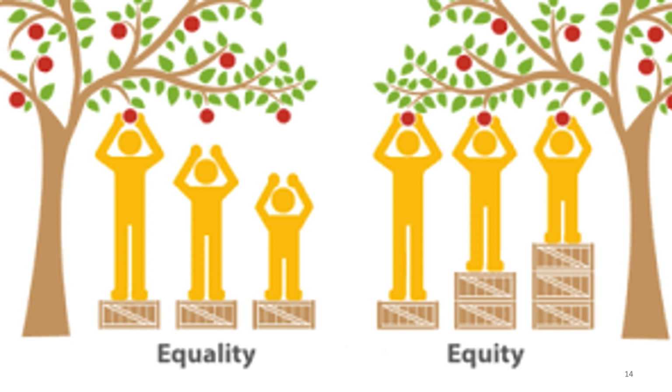But on the other hand, with regard to equity, they have been supplied with benches according to their heights. So all three would be able to reap the benefit of the fruits. So equity is better than equality, because first we should look for equity, and when we reach equity, knowingly or unknowingly, we would be reaching equality.